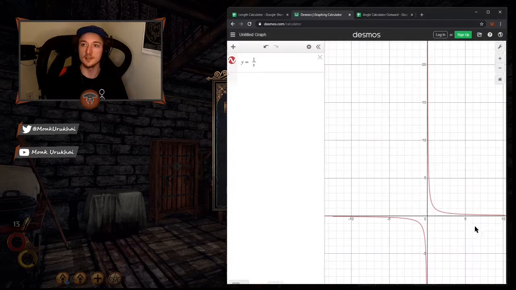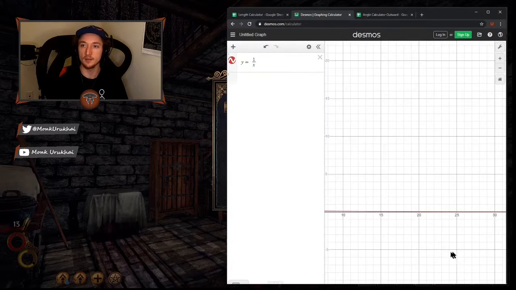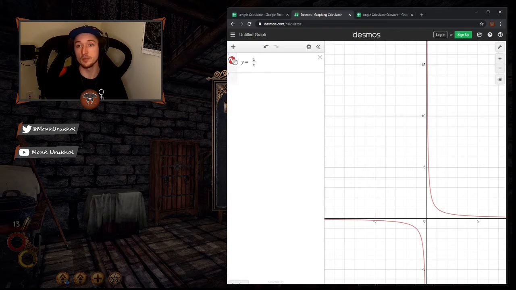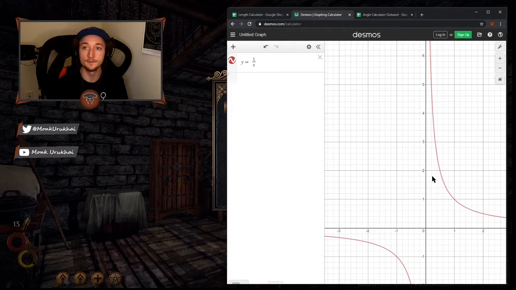If you zoom out, you'll see that it's going towards 0 as we get bigger and bigger. It'll never reach it though. And that's because simply, if you plug in large numbers for x, it's going to get smaller and smaller for y, approaching y equals 0. The opposite is true when x is small.